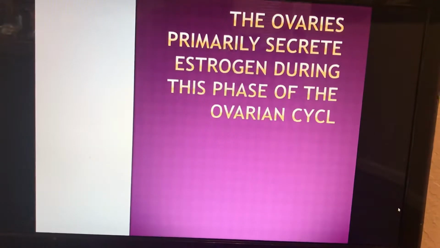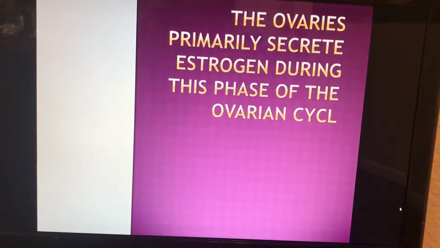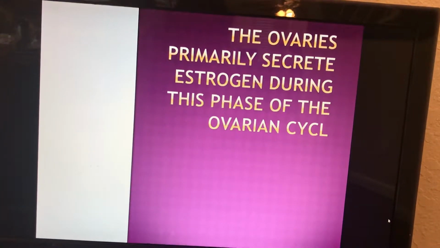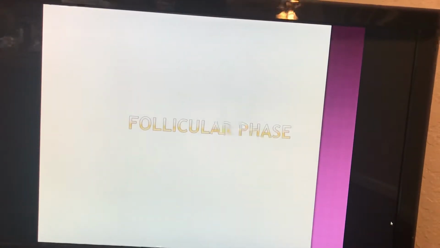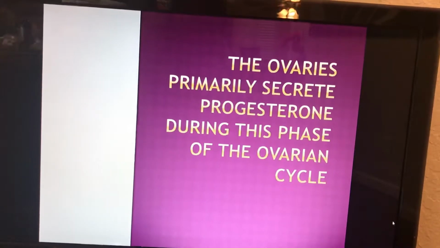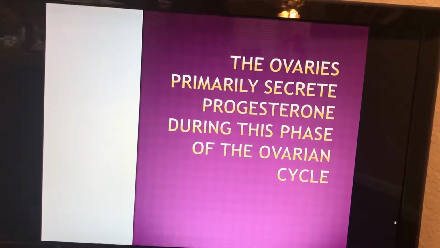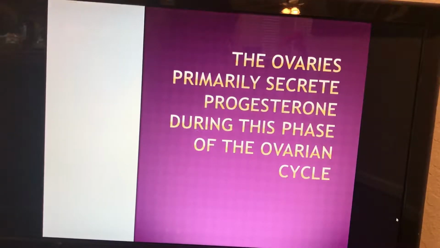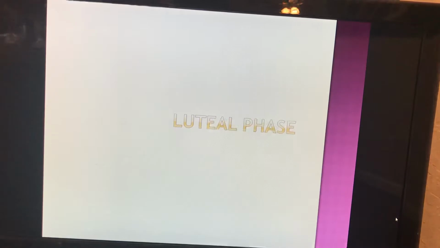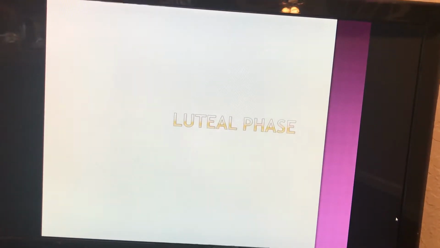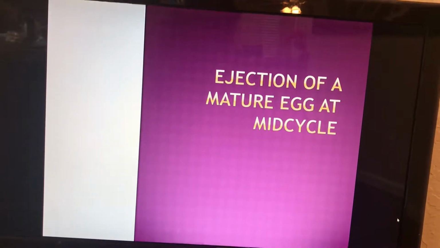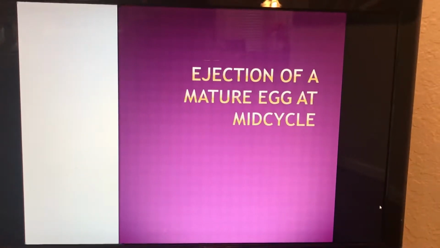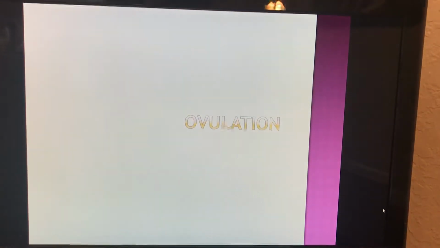The ovaries primarily secrete estrogen during this phase of the ovarian cycle. Follicular phase. The ovaries primarily secrete progesterone during this phase of the ovarian cycle. Luteal phase. Ejection of a mature egg at mid-cycle. Ovulation.